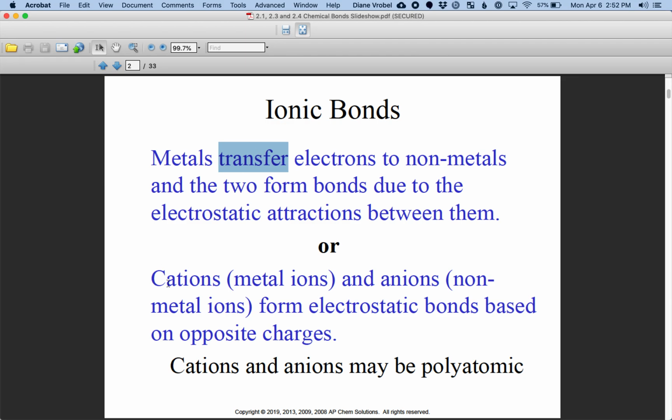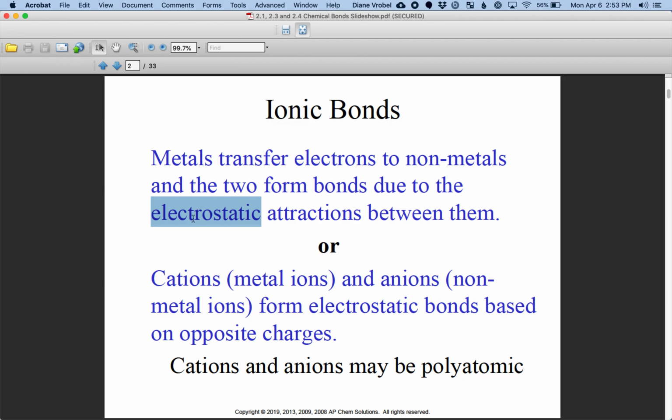As a result, the metal becomes a cation, which is positively charged, and the nonmetal becomes an anion because it's receiving a negative charge. This causes an electrostatic attraction. So the cation is positively charged and it's strongly attracted to the negative anion.